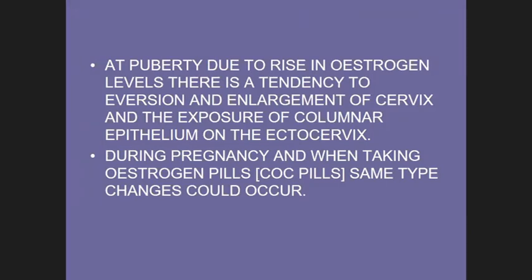During pregnancy, or when taking estrogen pills, the same type of changes occur. So just to know, the squamocolumnar junction can go up, like in a menopausal lady with low estrogen, or pre-pubertal. When they become pubertal the estrogen levels are high and it comes down, and in pregnancy and with estrogen pills it comes further down.